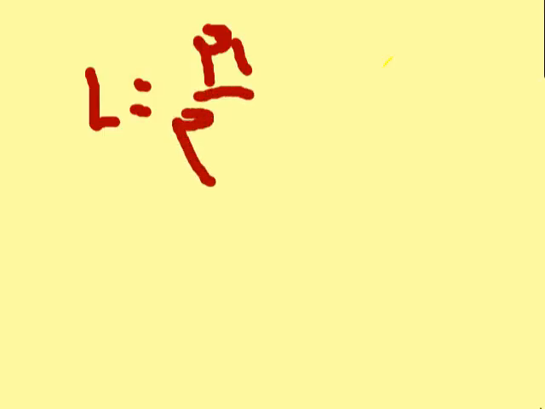It would be L equals R over rho A, and you just plug in the values. This is a rho, and this is an R right here. So that's pretty much all there is to it, I guess.